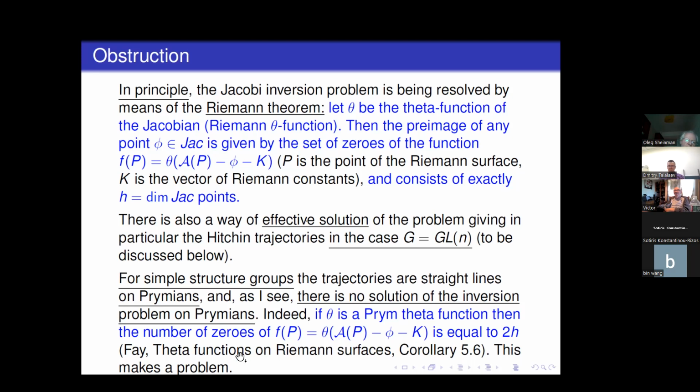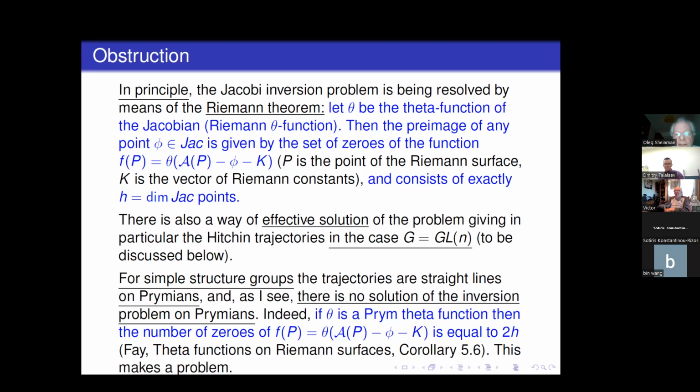All that follows from a lemma due to Fay, or maybe only just presented in the book of Fay, Theta Functions on Riemann Surfaces. I gave the exact number of the corresponding statements. This makes a problem. This is an obstruction for resolving Hitchin systems by the separation of variables technique.